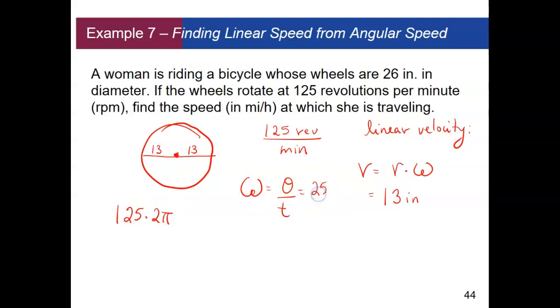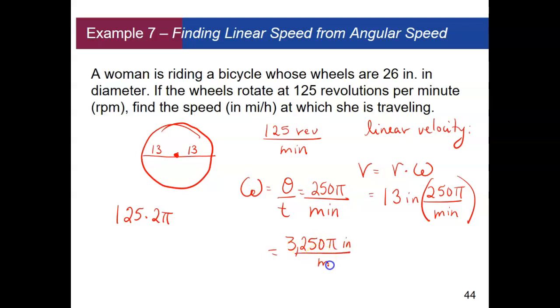So 250 pi is our theta, and that's per minute. So we're going to then come over here and put in 250 pi per minute. So when we calculate that, we get 3,250 pi inches per minute.